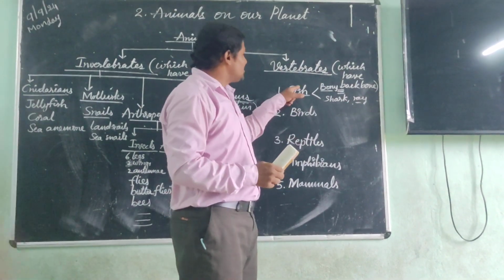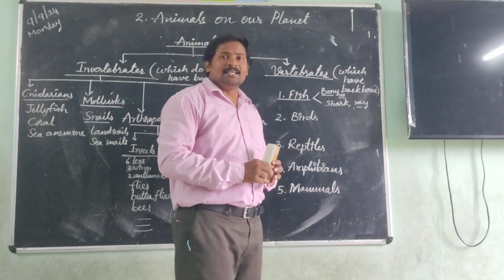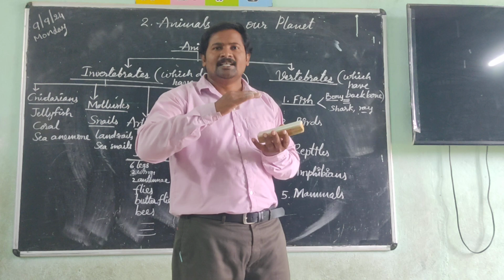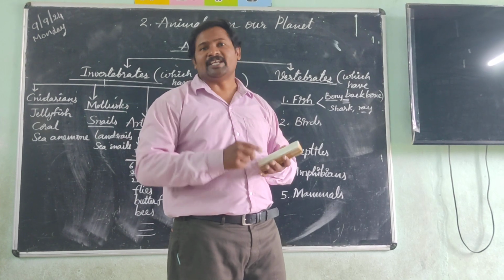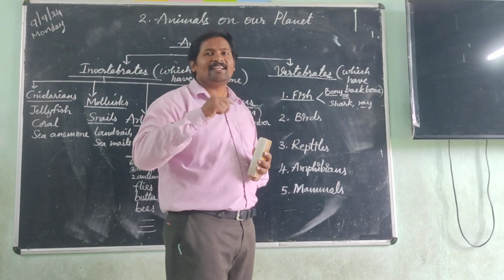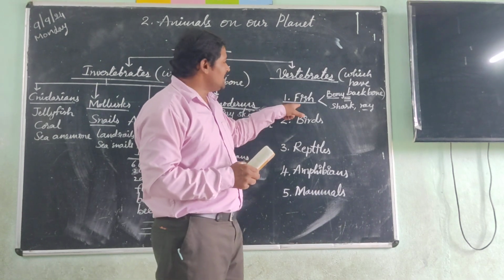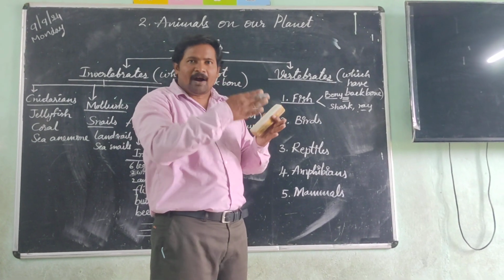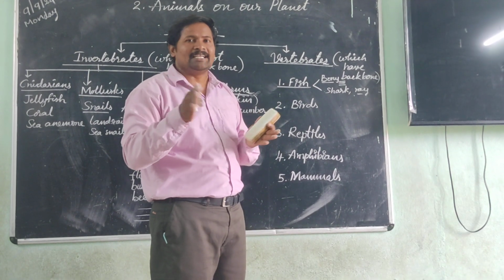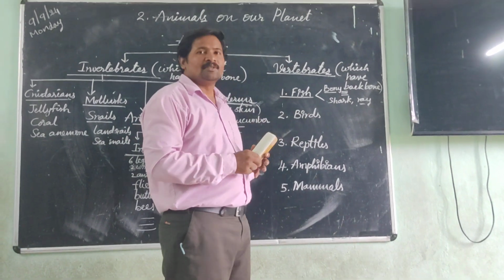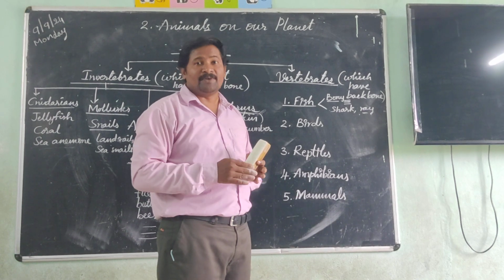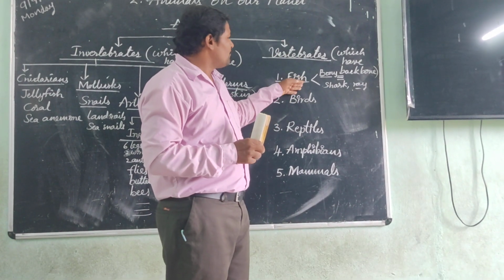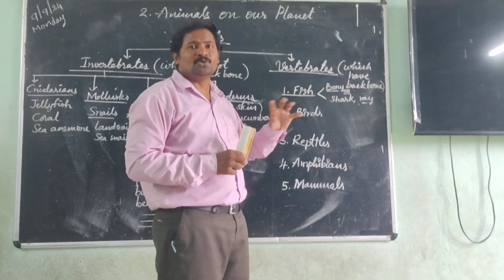Then the fish body has slimy skin, covered with flat scales which protect the skin, right? And fish have fins, a part of the skeleton, which help them to swim in the water. The next one, gills are a part of the fish, which help them to breathe.